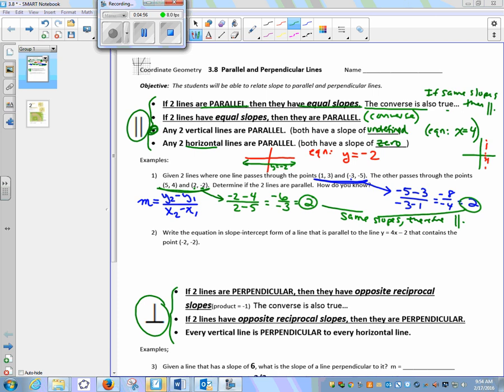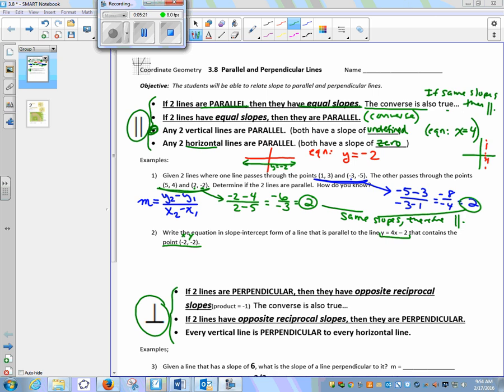Okay? Write the equation in slope-intercept form of a line that's parallel to this line and contains the point (-2, -2). All right, well, when we are given a point like this, that's an x and a y, right? There are two ways that we can do this.